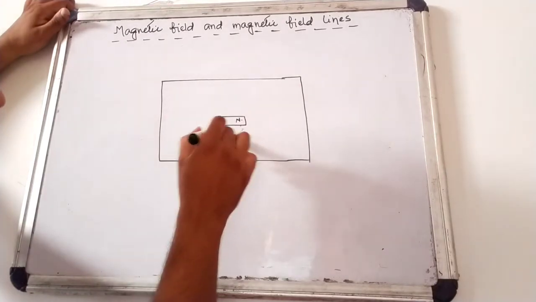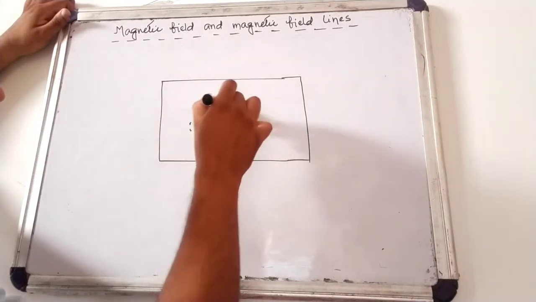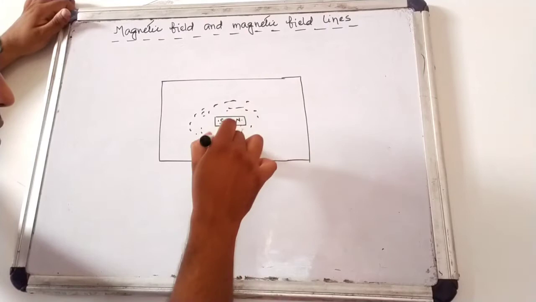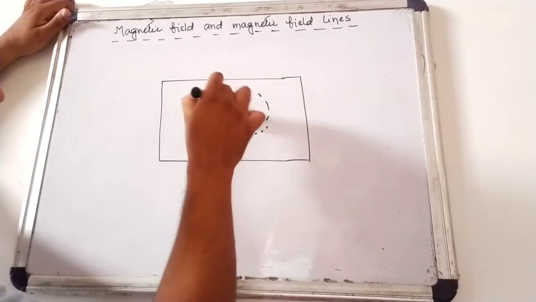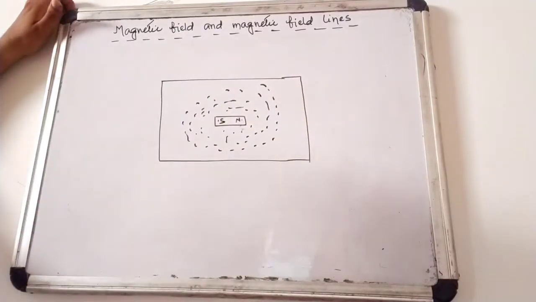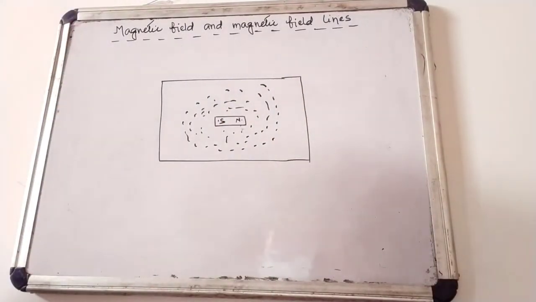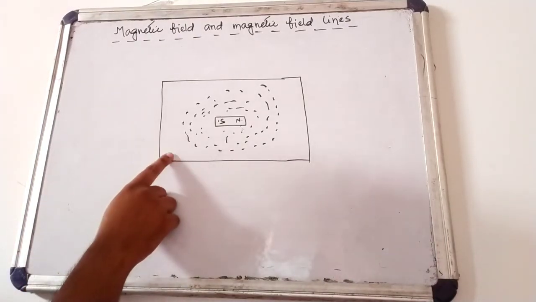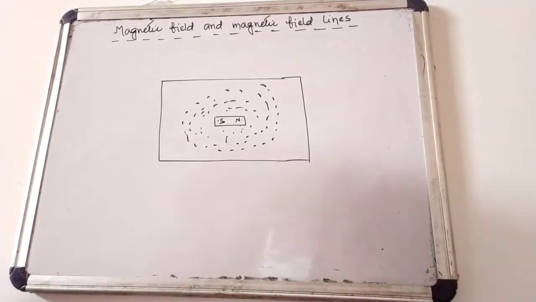Then first, what we do is, surrounding the magnet we spread some iron filings like this. Now if we tap this cardboard gently, what will we see?